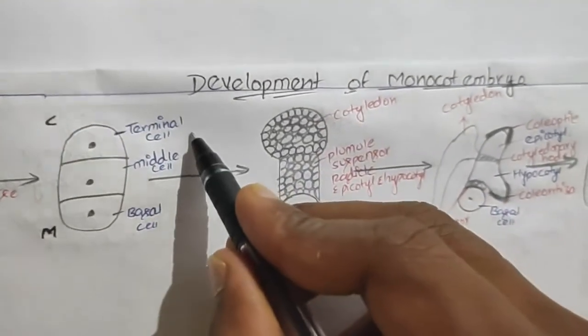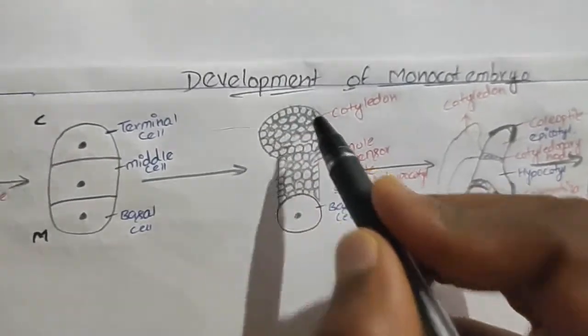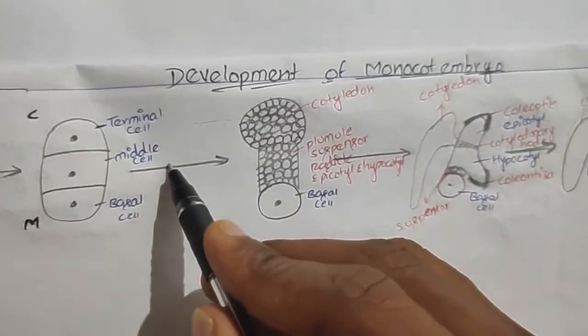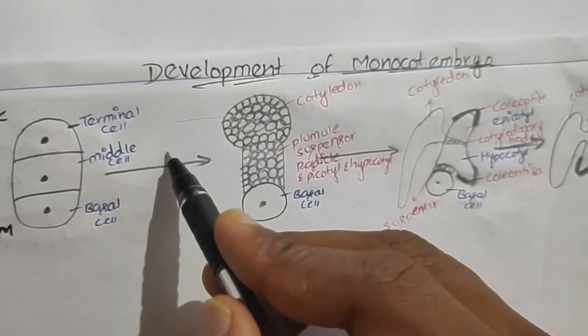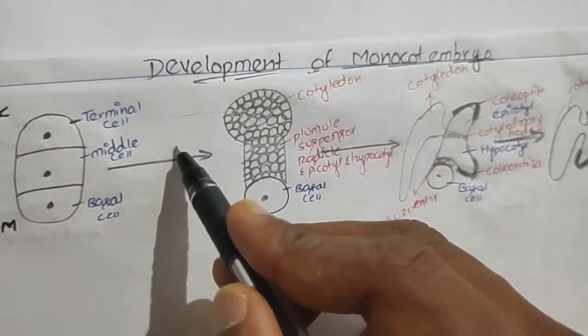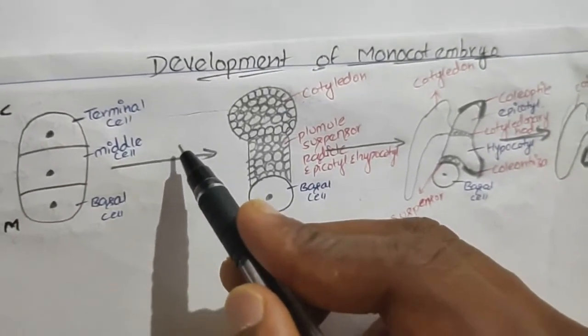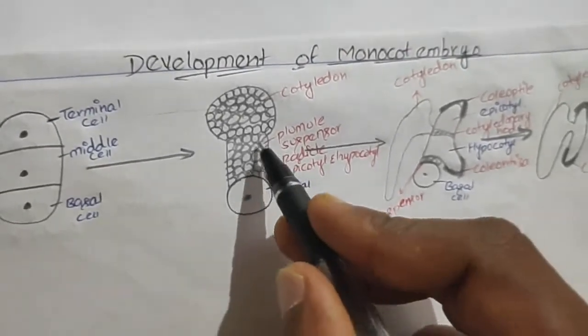That means the terminal cell is giving rise to the cotyledon of the embryo, but the middle cell will divide further, and this division is in all planes, not only transverse, and forms a mass of cells.